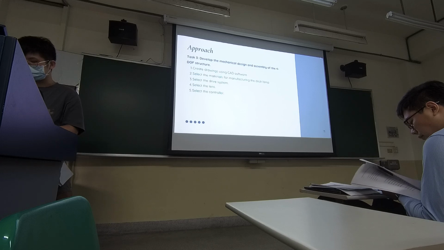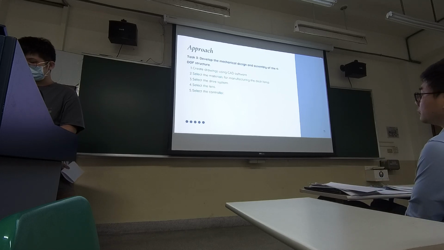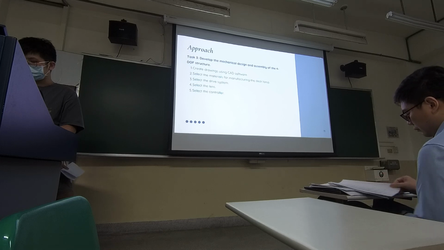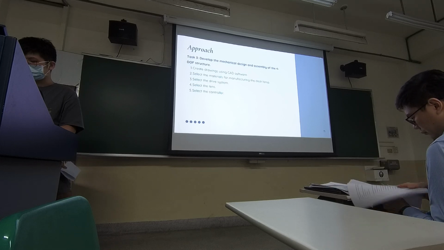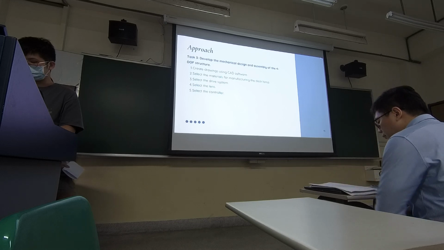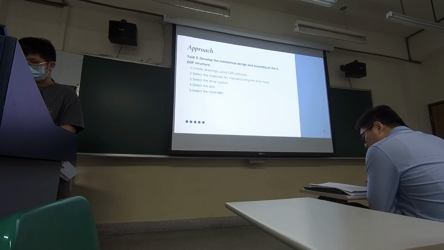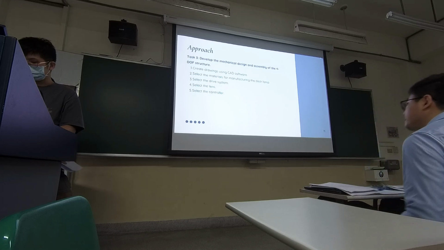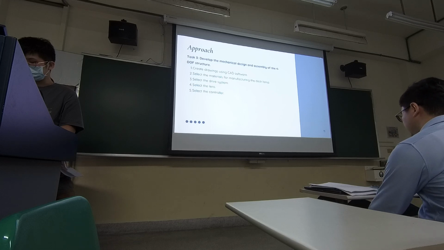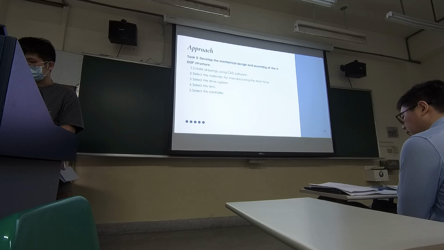In the mechanical design and the assembly of the 4 degrees of freedom structure, we will first use CAD software to create design drawings showing that all parts of the lamp can be accurately manufactured and assembled.